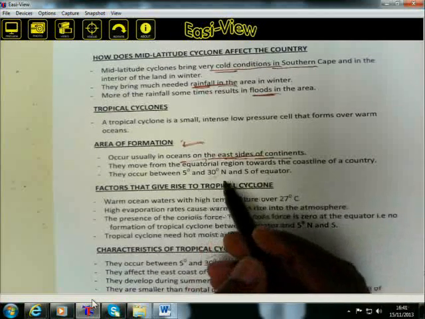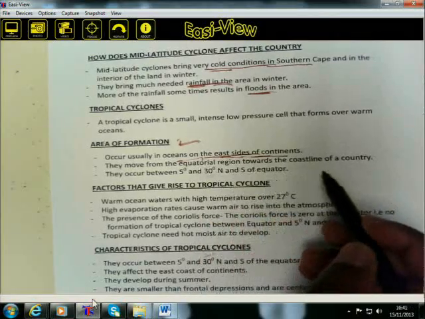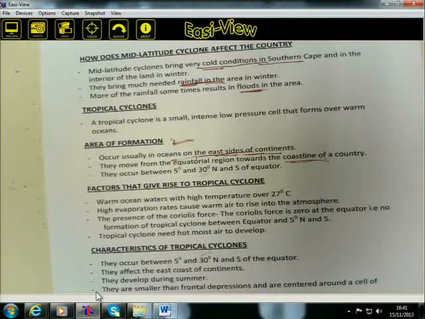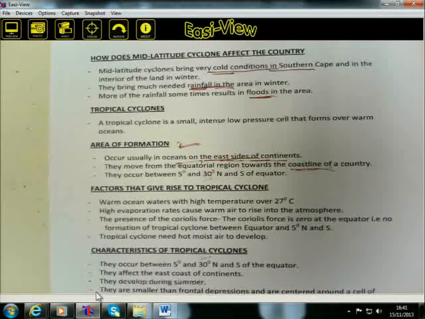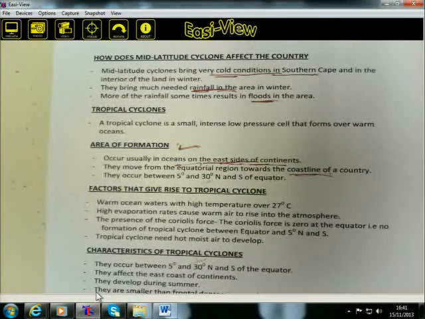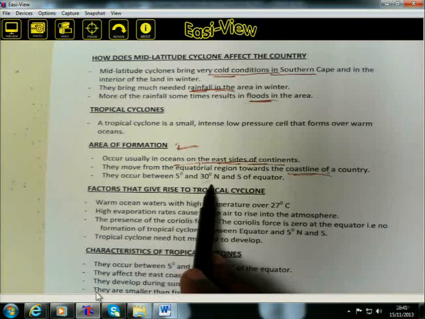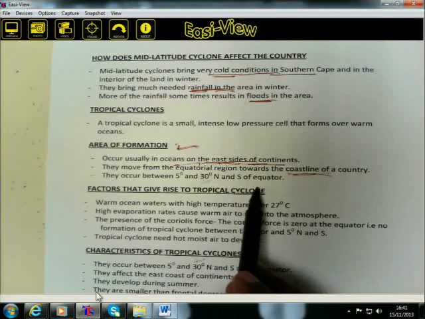They move from the equatorial regions towards the coastline of the country. Tropical cyclones occur between 5 degrees and 30 degrees north and south of the equator.